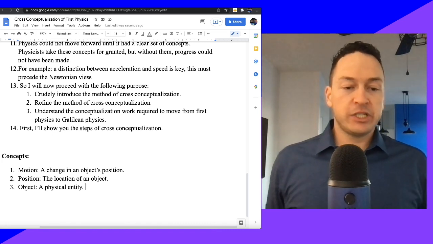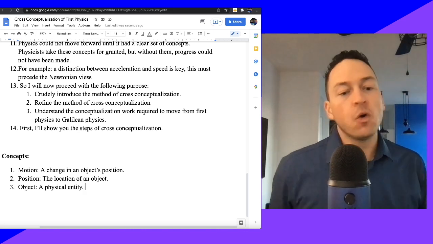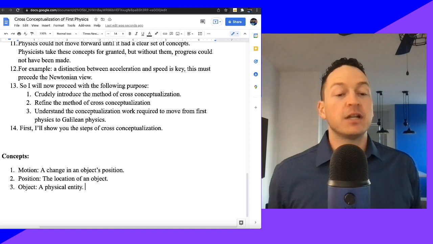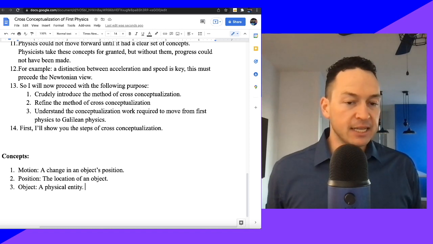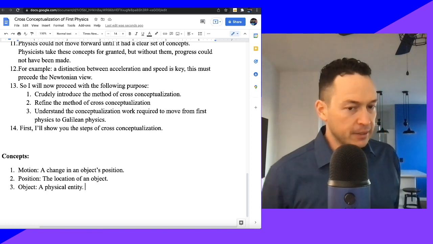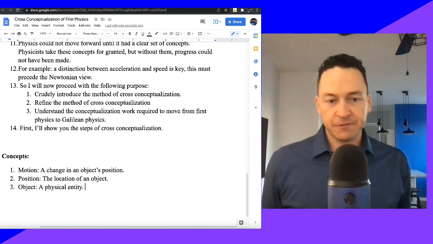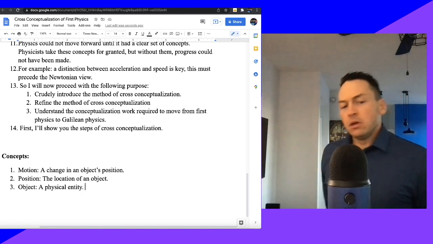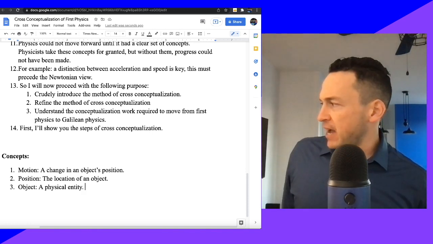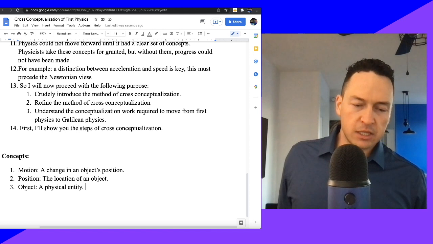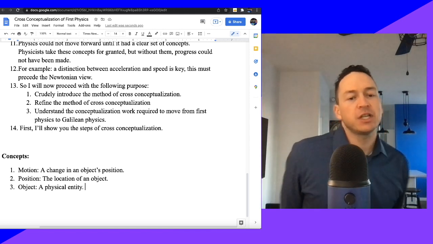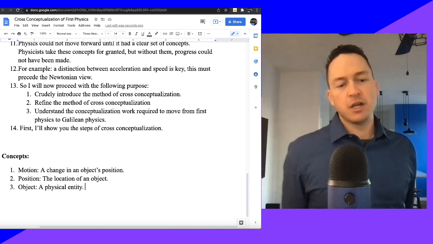So we're allowed to simply refer to them without breaking them down to something else. So it's an ostensive definition. So physical entity, in some sense, that's really all we have to say. So Galileo has defined his terms. This isn't much, but we have identified that motion is a change in an object's position.